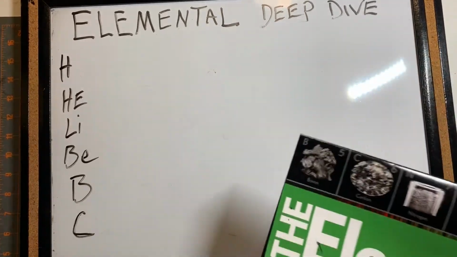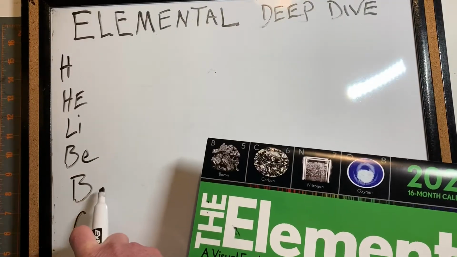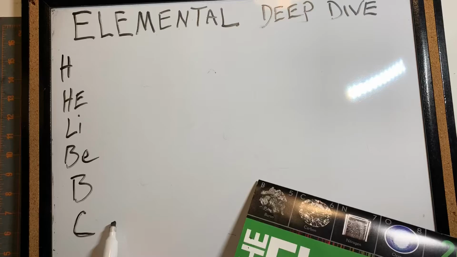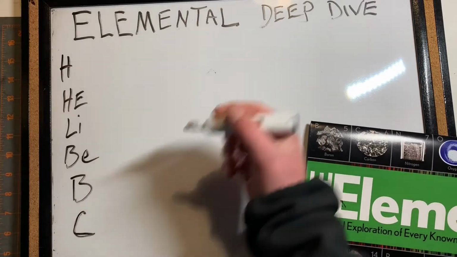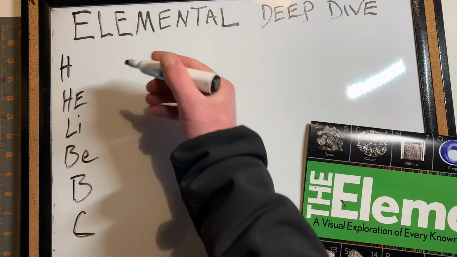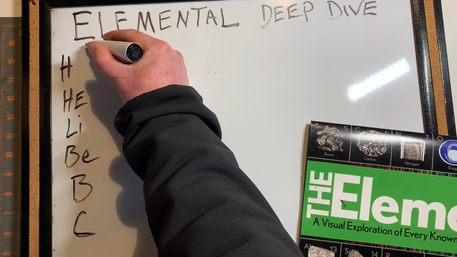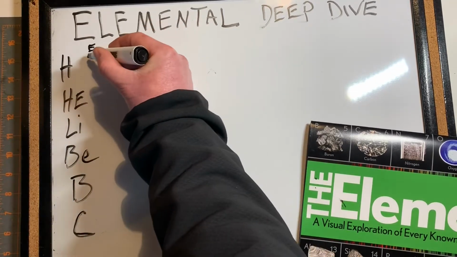So boron's a 5, right? Carbon's a 6. So what does that mean? If you do a little research, just to make sure, you realize that there are these things called electrons, which have a negative charge.